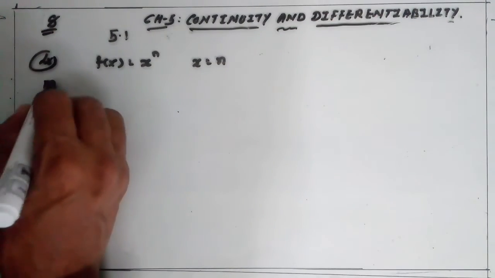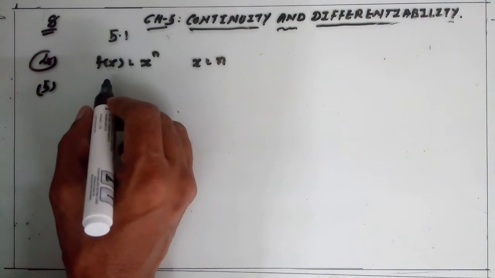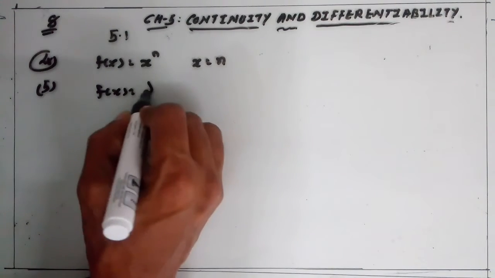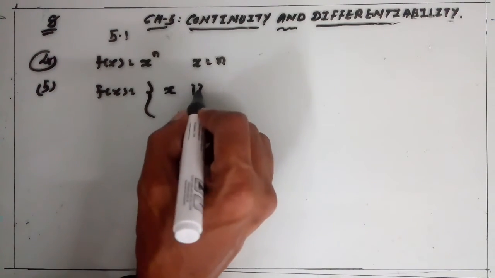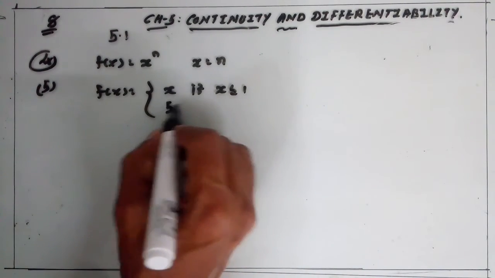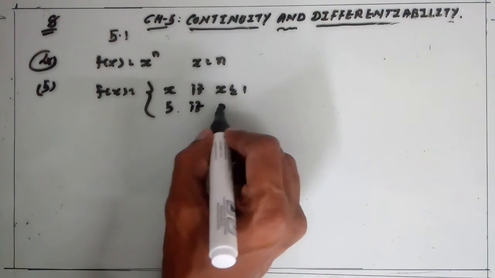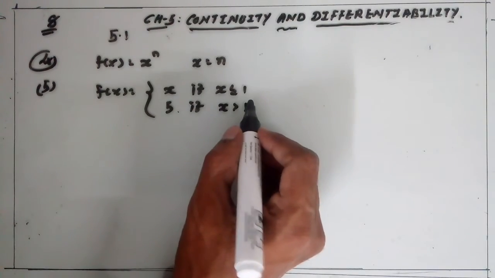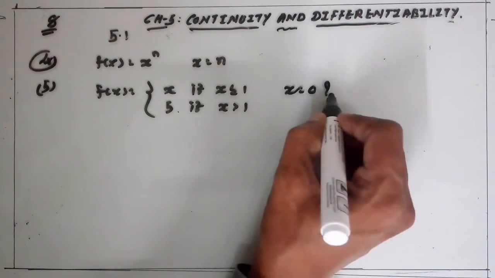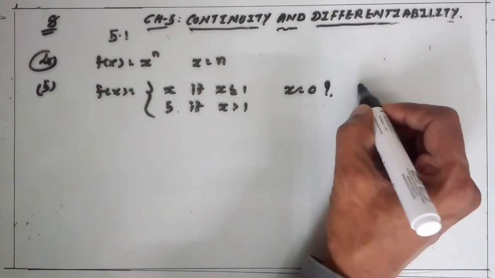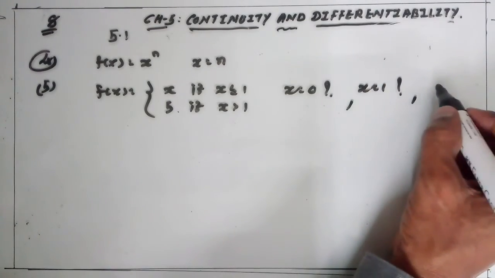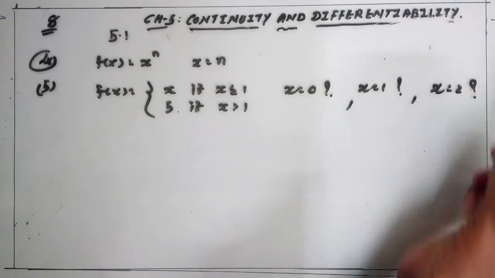Now question number 5. Is the function f defined by f(x) is equal to x if x is less than or equal to 1, and 5 if x is greater than 1, continuous at x is equal to 0, at x is equal to 1, and at x is equal to 2?